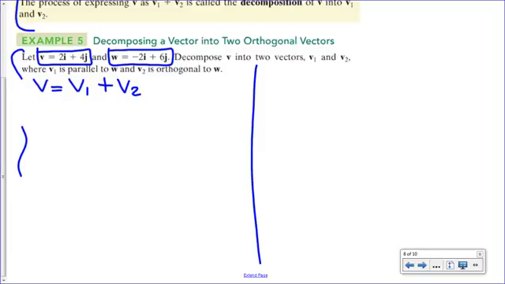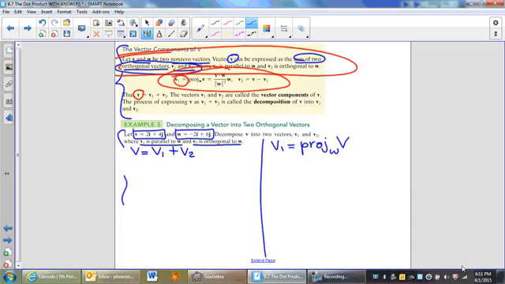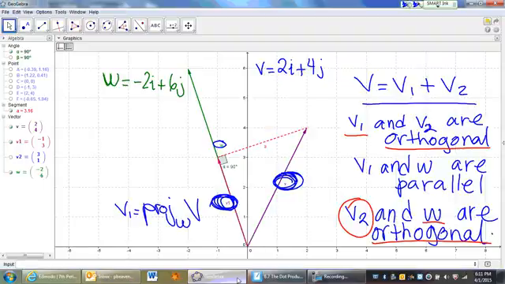Now, all we know about V sub 2 is that it is orthogonal to W, and we also know that V sub 1 is parallel to W. So what I'm going to do is make V sub 1 be the projection of vector V onto W. That was the little image that I showed you here. That's what we're trying to get, this vector here.